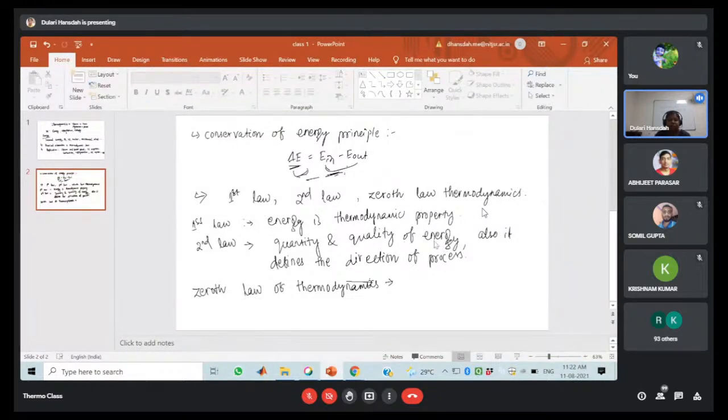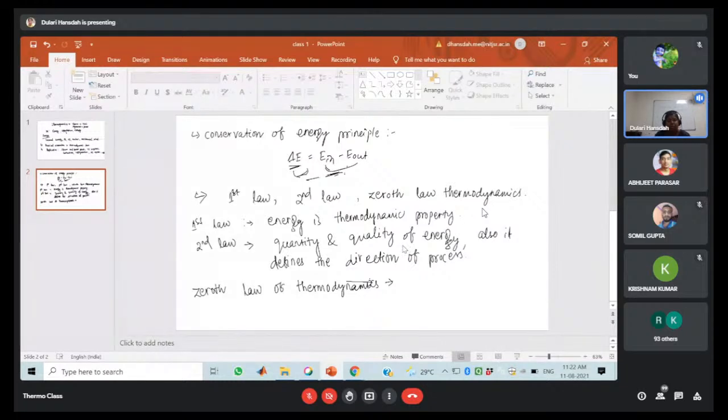So heat means in that case we can say that the maximum amount of energy is transferred to useful energy. Okay, so that's why the name high grade energy is given. I will discuss it in second law of thermodynamics. So properly I will discuss.